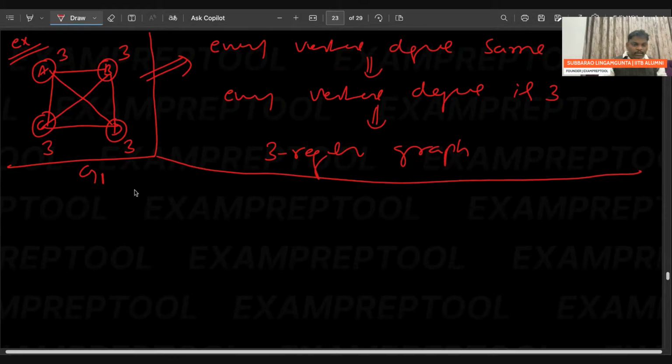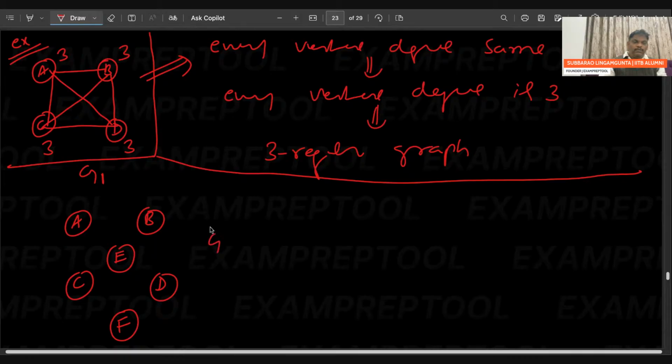So let me write one more thing. A, B, C, D, E, F, G. Some vertices. Assume it is another graph. This is the G1 graph.